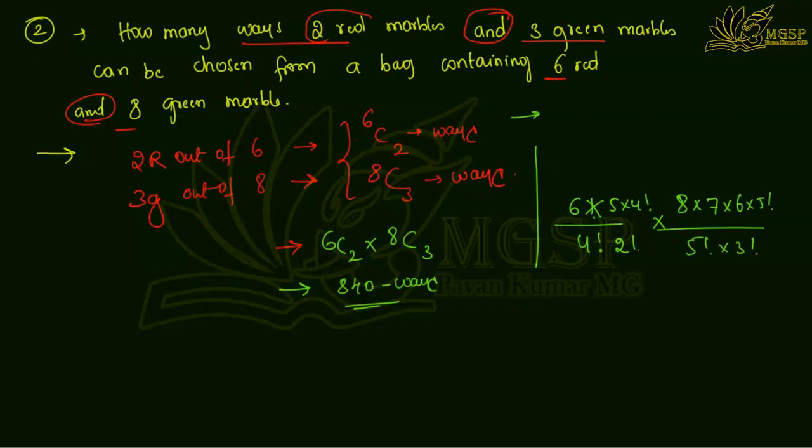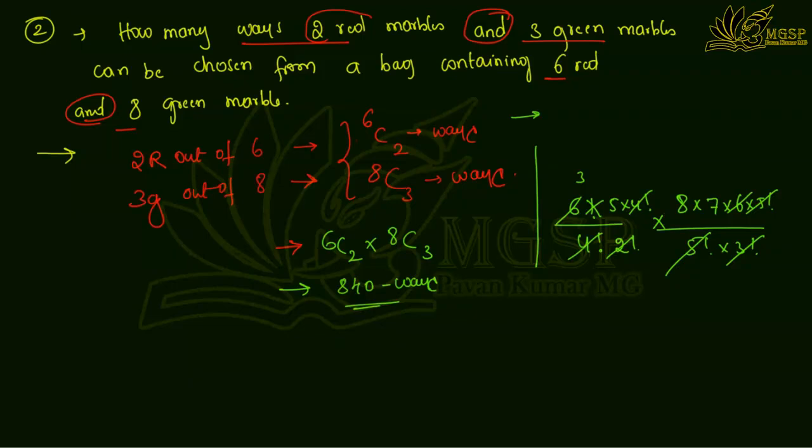You can solve this without a calculator. 3 factorial is 6, the 6s get cancelled, and again 3 into 5 into 8 into 7, if you multiply this you will get 840 ways.